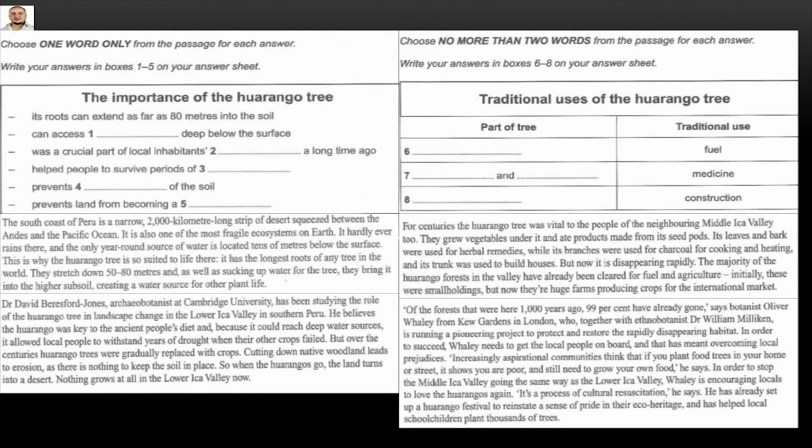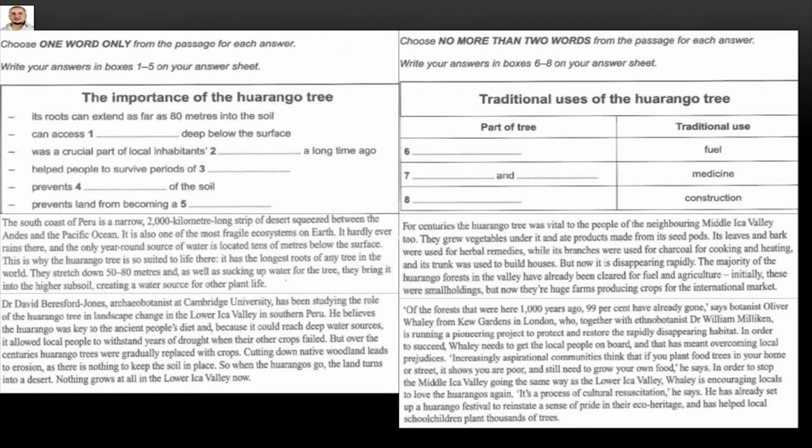Okay, let's move on. Number 4 says it prevents gap of the soil. Number 5 says prevents land from becoming a gap. Let's see. But over the centuries, Harango trees were gradually replaced with crops. Cutting down native woodland leads to erosion, as there is nothing to keep the soil in place.